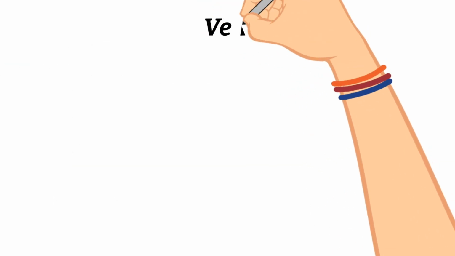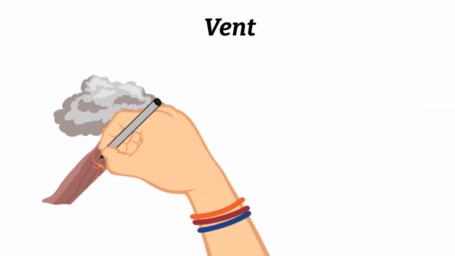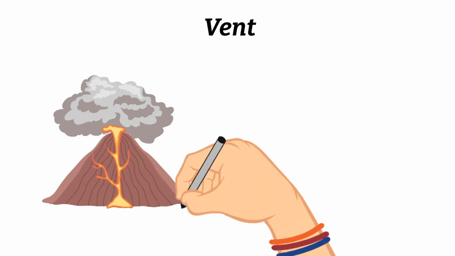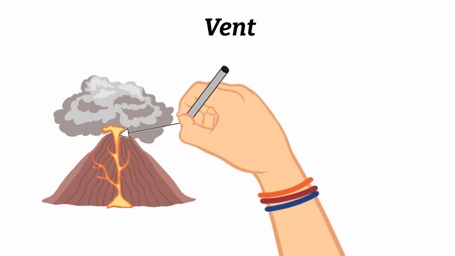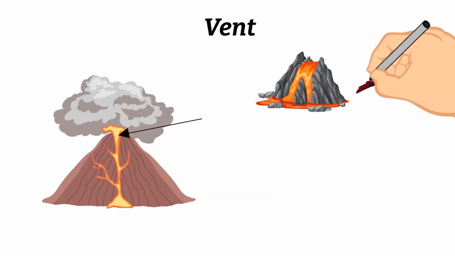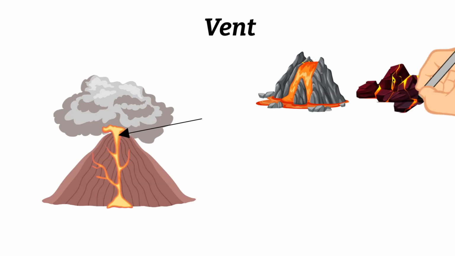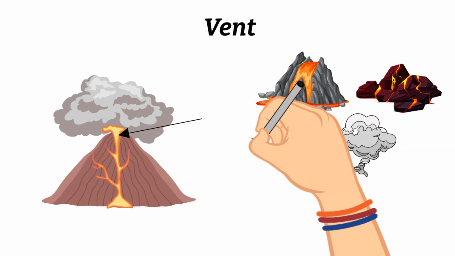A volcanic vent is a place on the Earth's surface where lava flows and rocks and gases can escape from. Vents are the opening in the Earth's crust from which the magma and the volcanic gases escape onto the ground or even up into the atmosphere.